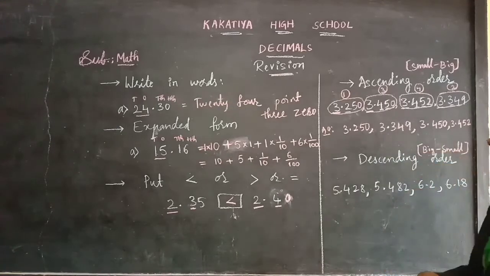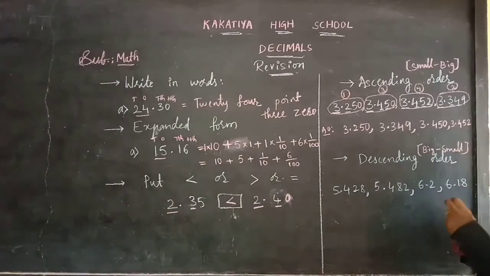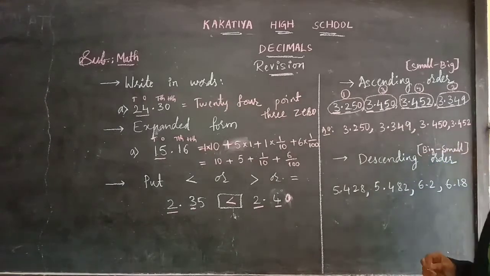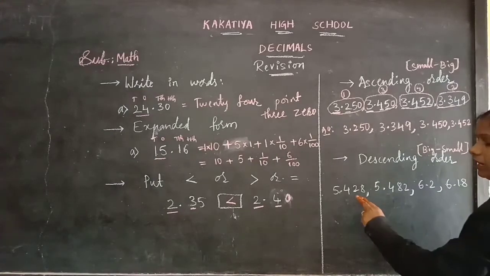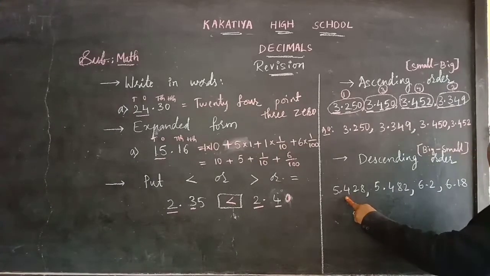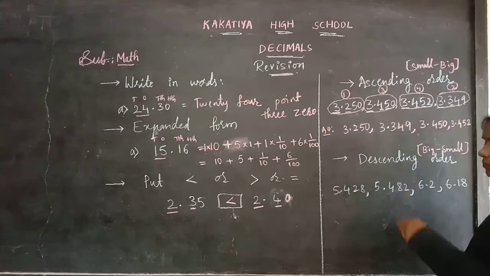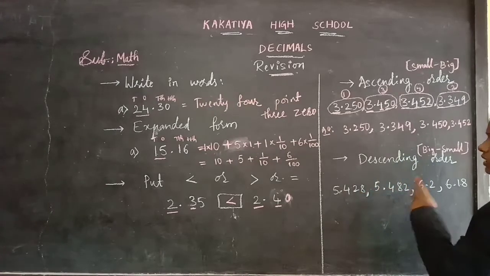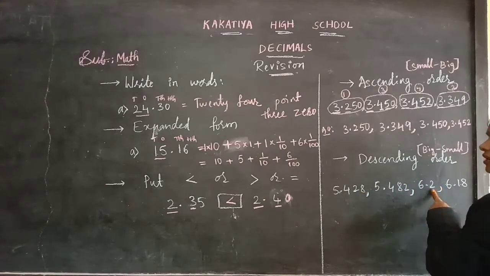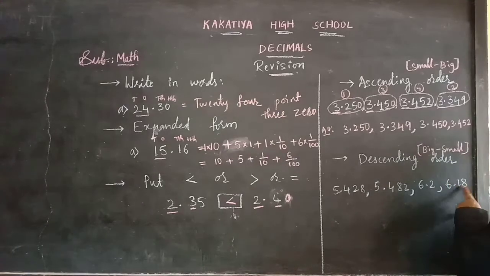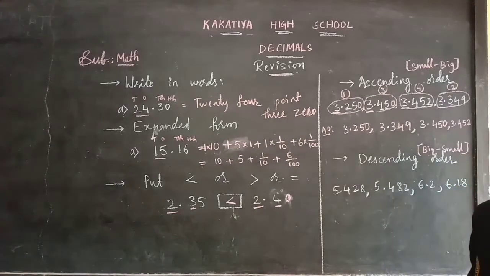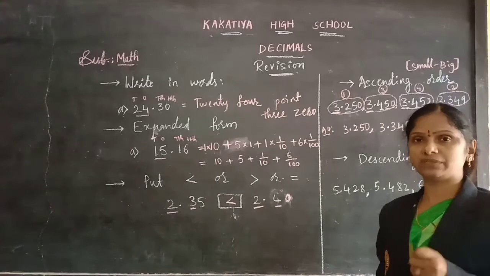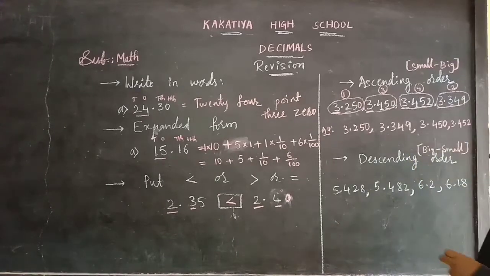Before arranging, first you need to check whether the given numbers are like decimals or unlike decimals. Count the digits after the point: 3 digits in the first number, 3 in the second number, only one digit in the third number, and two digits in the fourth number. The given numbers are unlike decimals, so first you change them into like decimals.